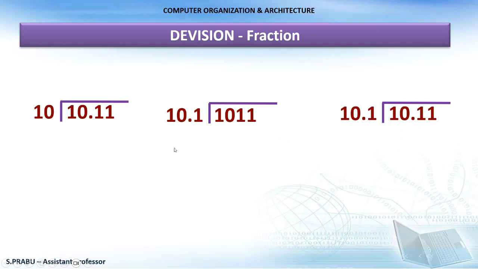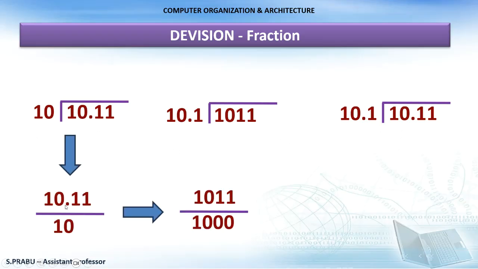The simple technique is we have to eliminate the fractional part. In the first case, I want to shift this dot by two positions so that I can add two zeros here. So 10.11 becomes 1011.0. 10 becomes 1000.0. Then we have to do the normal division operation.